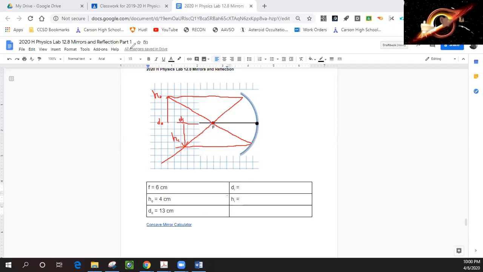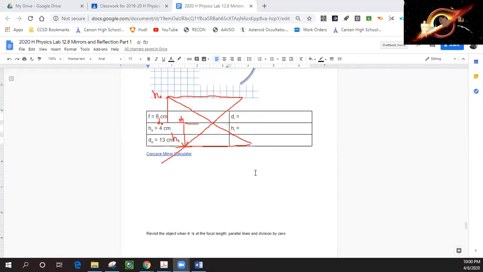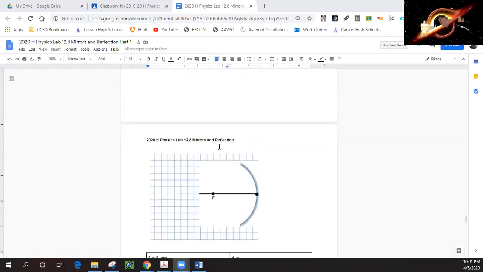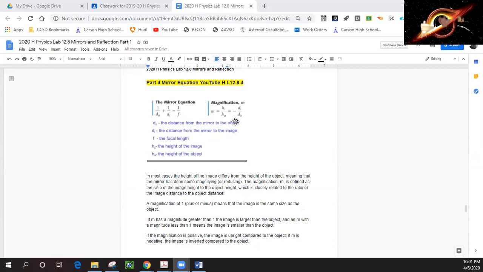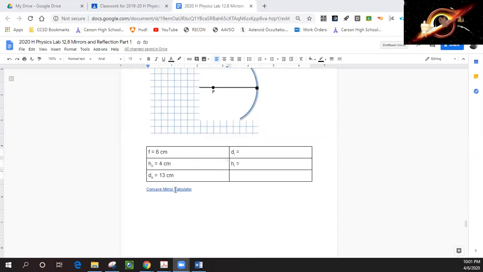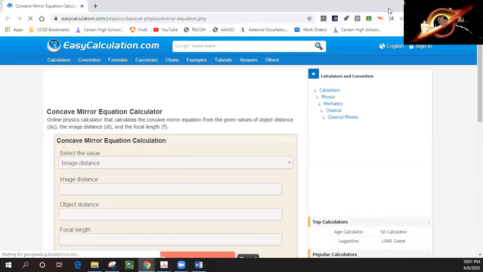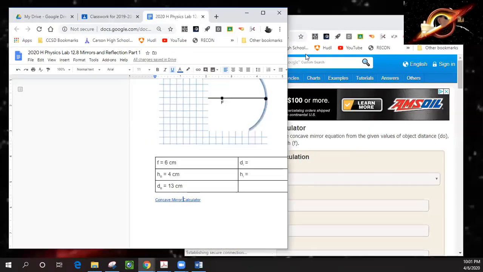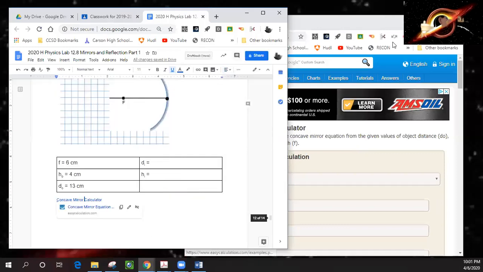Now, normally we would use the formulas up here, but I want to try to minimize calculations as much as possible. So we're going to go ahead and use this concave mirror calculator and see if that might be able to help us out a little bit. Let's minimize this here. Okay.